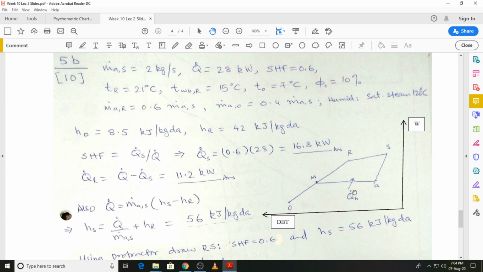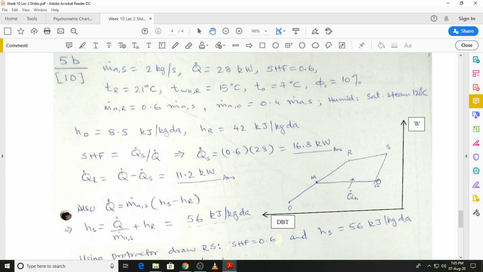We have the outside air shown by the symbol O, recirculated or the room air condition by the symbol R, and then they are combined together or mixed together to give us state M, and that is the state M which will first be sensibly heated. That is from M to this point A, that is shown the heating, sensible heating, and the rate of sensible heating in this solution is shown by Q dot H.